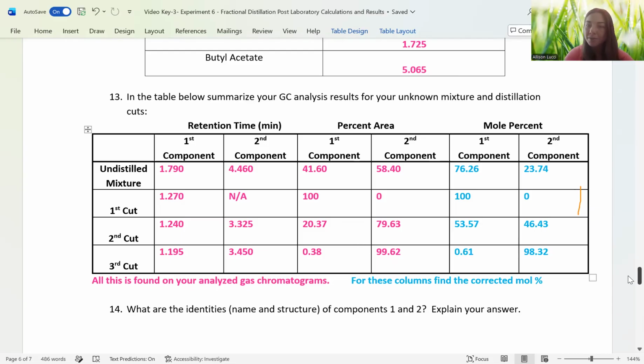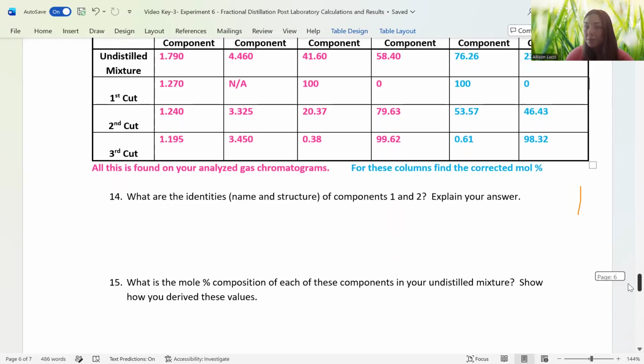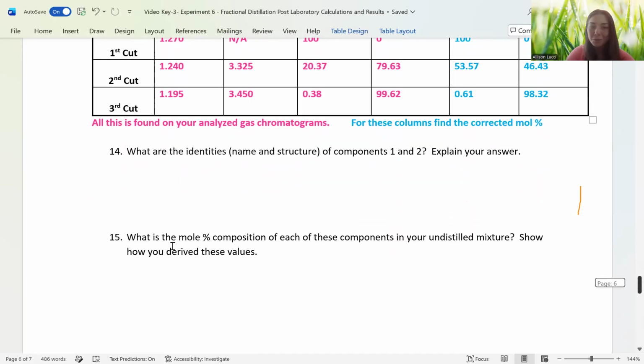So again, in the last video, we're going to take the info provided on the graphs and then do some calculations. You're asked here to make some determinations. What's your first and second component? After the last video, you'll be able to answer question number 15 here.